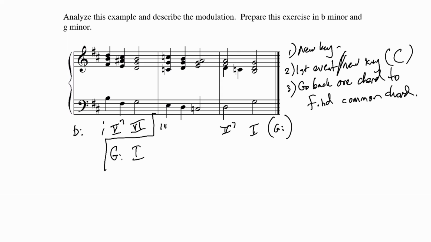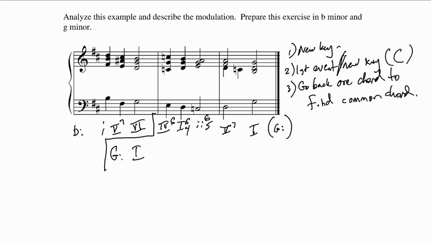So this is a 4-6, this is a 1-6-4, this is a 2-6-5, and then the 5-7-1. So the 6 chord has been used as a pivot chord because this G major chord exists in both the keys of B minor and G major.